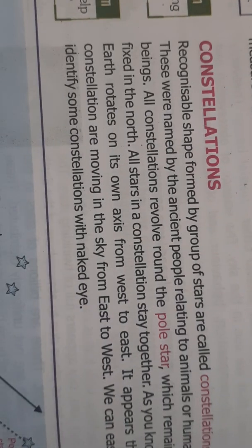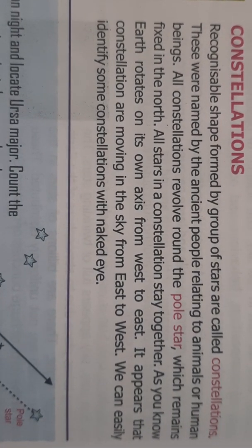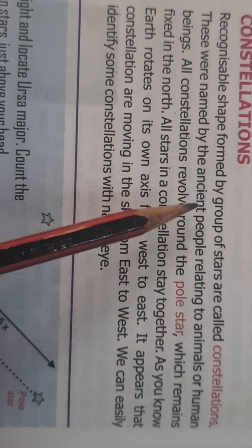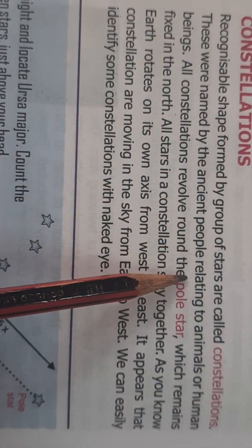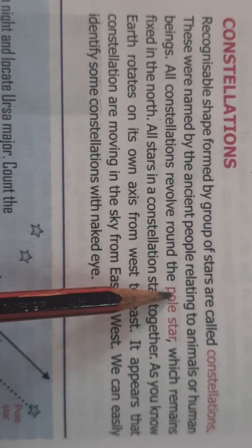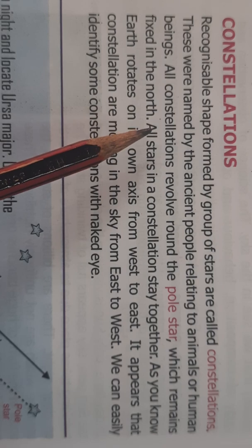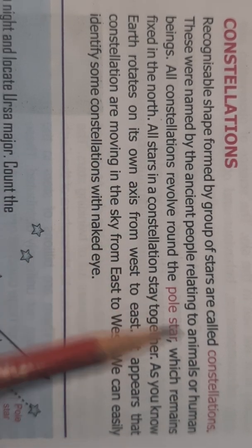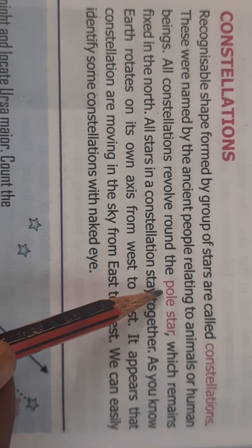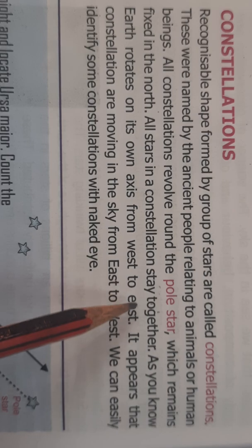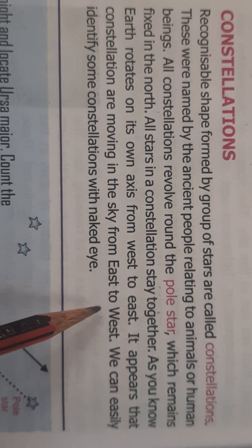Now we come to constellations. Constellations are recognizable shapes formed by a group of stars, and these were named by ancient people relating to animals or human beings. All constellations revolve around the pole star. The pole star remains fixed in the north, and all the stars in a constellation stay together.